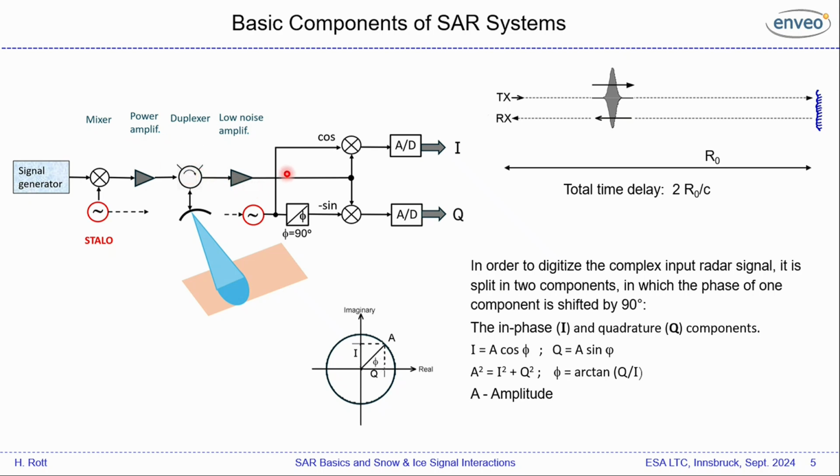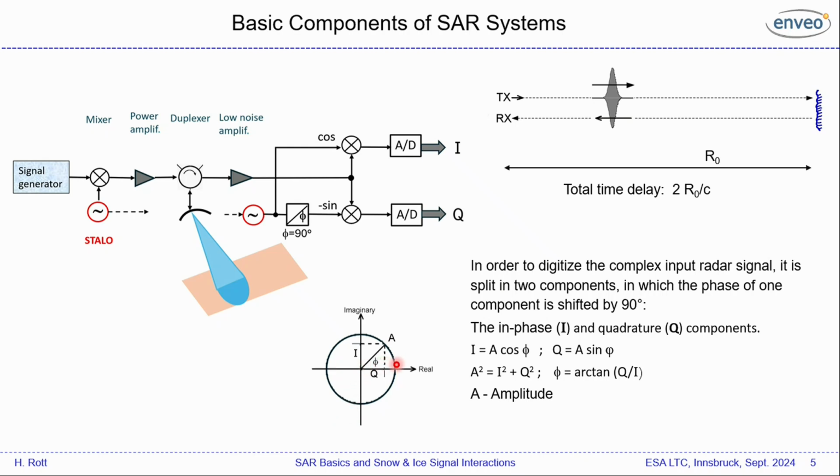It is then later on split up into two. The wave is split up into two signals, one shifted by a phase of 90 degrees, and another one which is not shifted, and they are digitized separately, I and Q. This is shown here in this diagram.